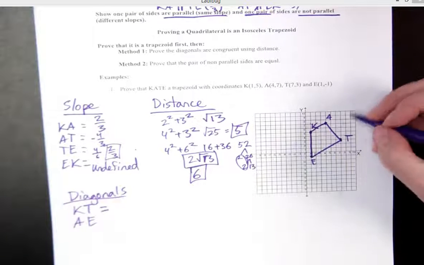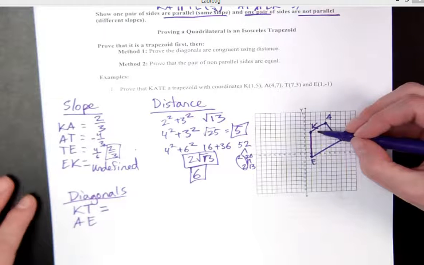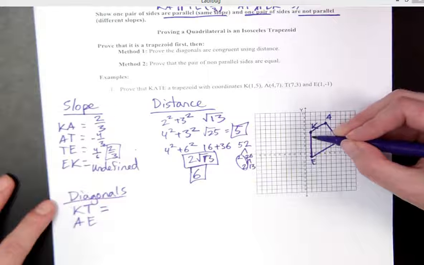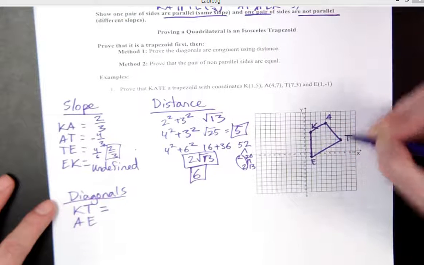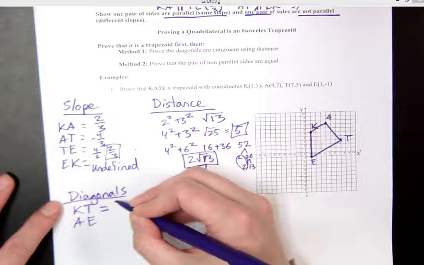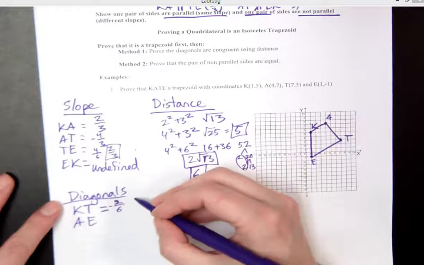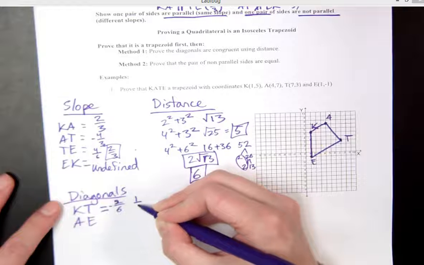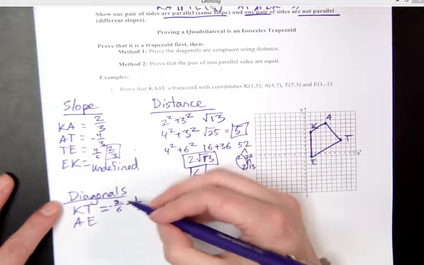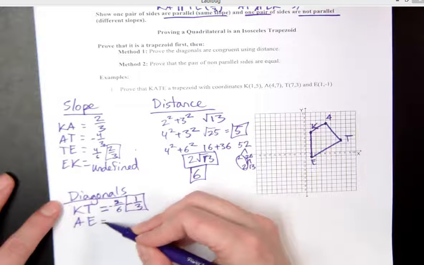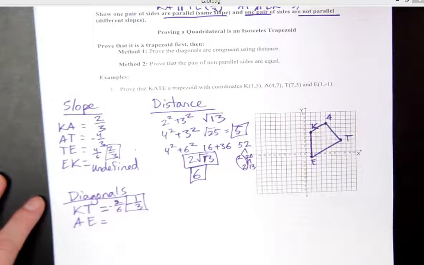I have a volunteer to tell me what the slope of KT is. Yes, you can now. 2 over what? So 2/6, which comes out, and is it positive or negative? Negative, so -1/3. And someone else, what's AE come out to?